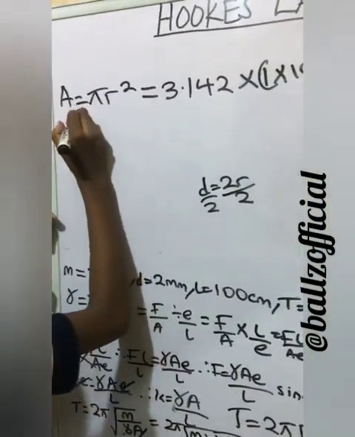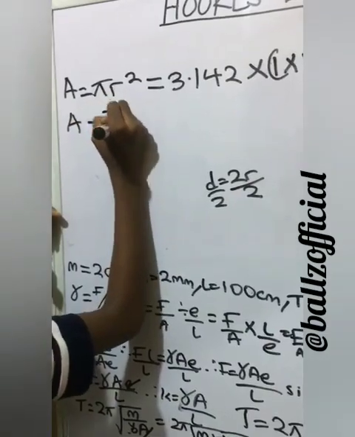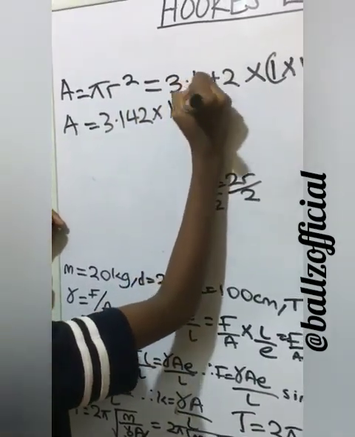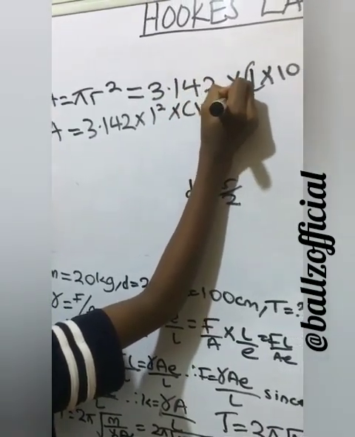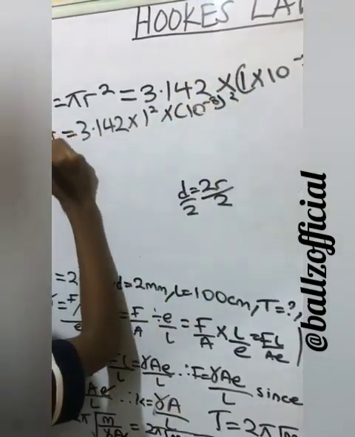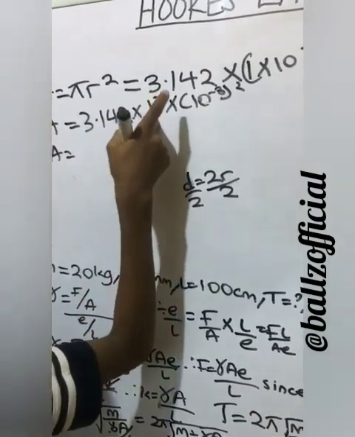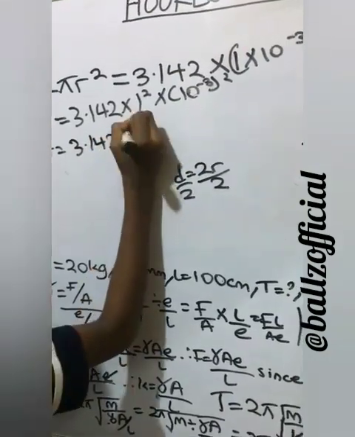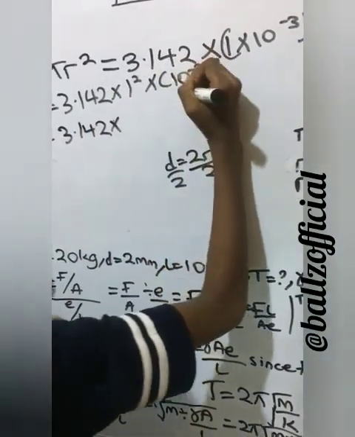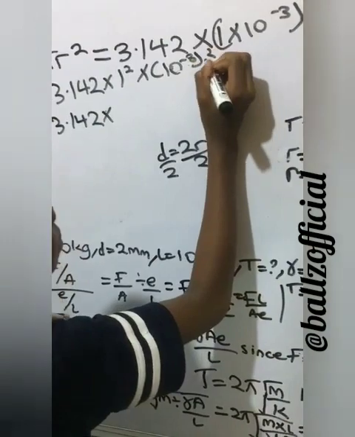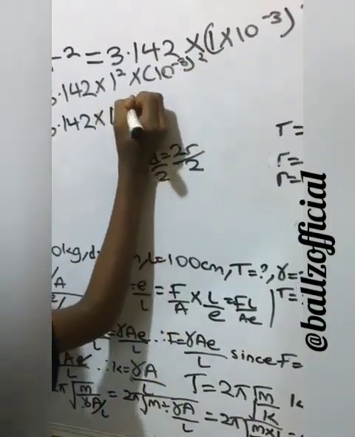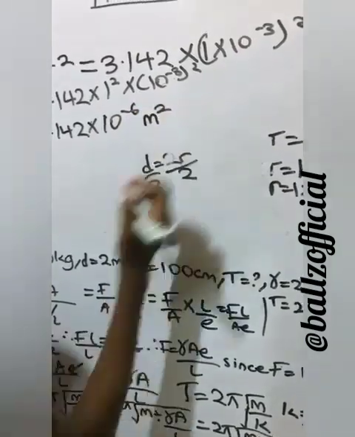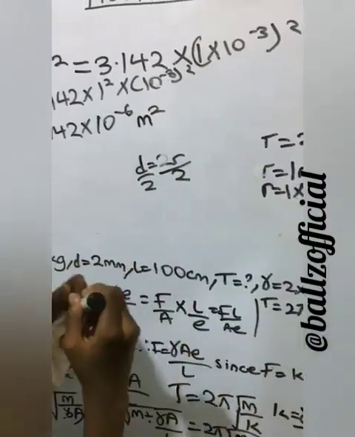Therefore, A, which is area, is equal to 3.142 times 1 squared times 10 raised to the power minus 3 squared. Therefore, area is equal to 3.142 times 1 squared, which is 1, times 10 raised to the power minus 3 squared. Basically, these powers will multiply each other, 2 times minus 3 gives power minus 6. That's the area in meters squared, because everything was converted to meters.